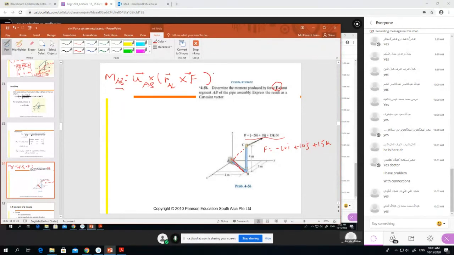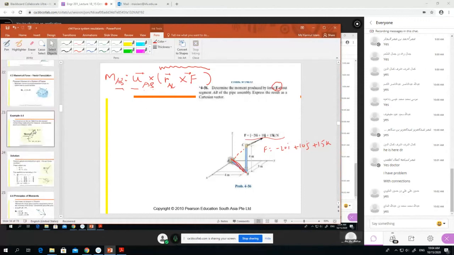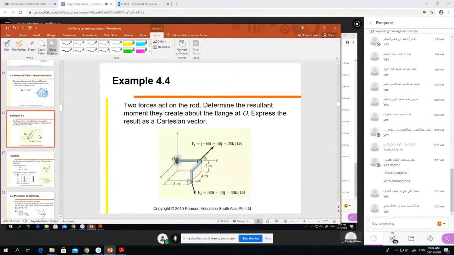They have asked us to find the moment of the force, which is this up to here, and they ask along this axis. When we say on the axis, then we multiply with the unit vector. Understand the difference between the examples. In the example we did earlier, they asked only for the moment with respect to a point.